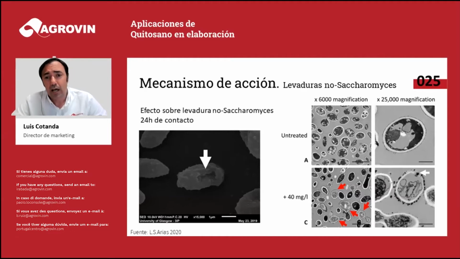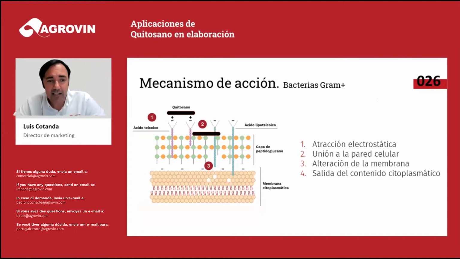In the left-hand side photograph, you can see a cell of a fungus, and due to the chitosan, the restructuring of the membrane has created this hole, therefore leading to cell death.